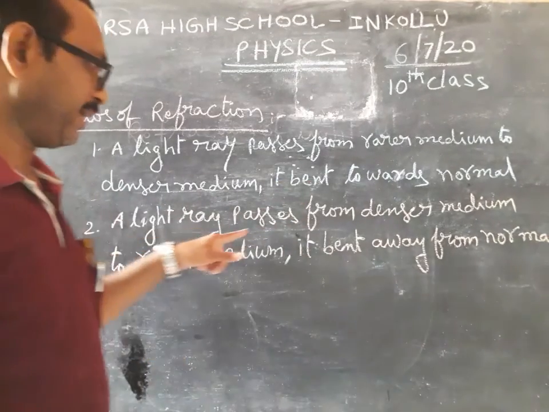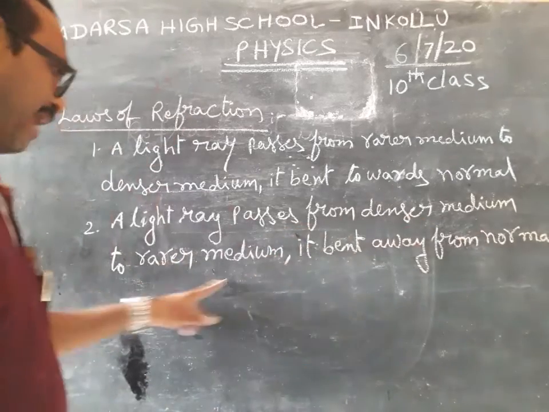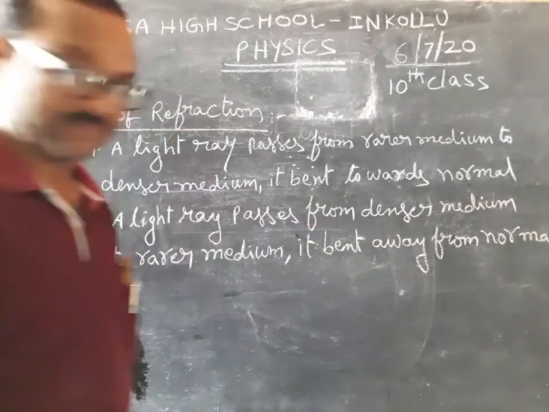As like that, a light ray passes from denser medium to rarer medium, it bent away from the normal.